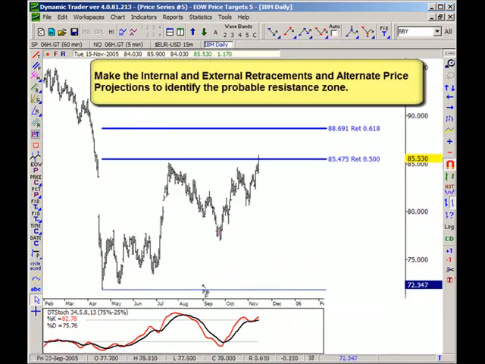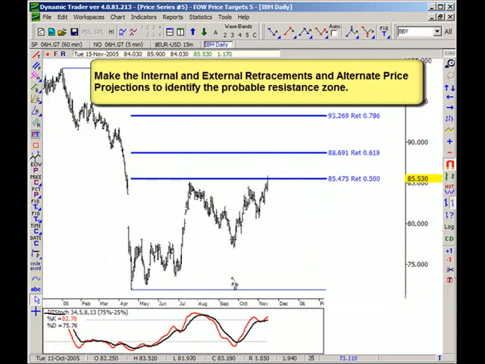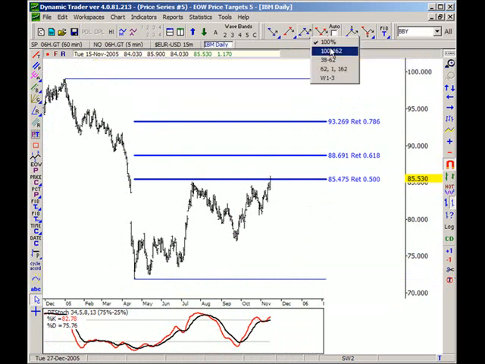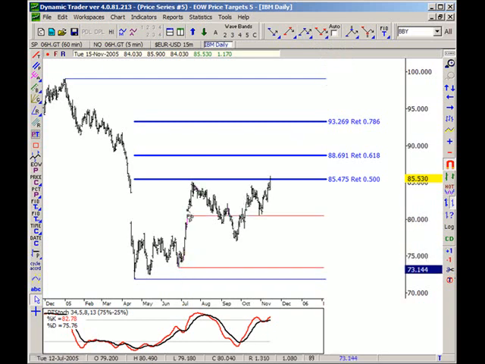We'll put those on. As of the last bar on the chart, it's reached the 50%, but that doesn't tell us whether the 50% is going to be a resistance zone, because we need to do our other projections. Let's do our alternate price projections of this last swing up. We call that the external alternate price projection.